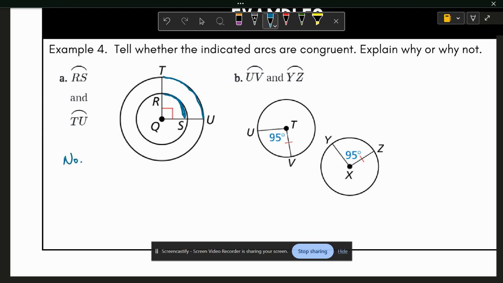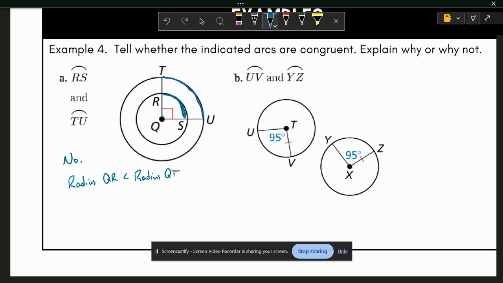Okay, if you take a look at this, QR is going to be less than QT. So just kind of make a note here. Radius QR is going to be less than radius of QT. In order for them to be congruent, they have to be the same. Take a look at letter B. Letter B, it's pretty obvious. Both the central angles, 95 degrees.